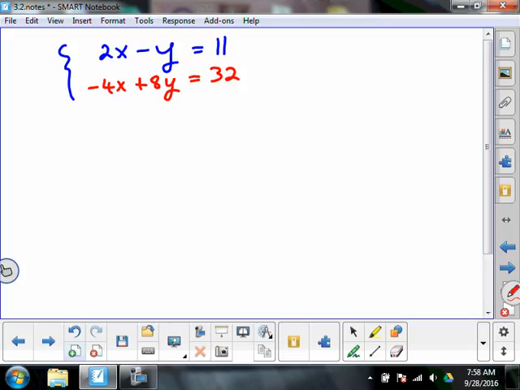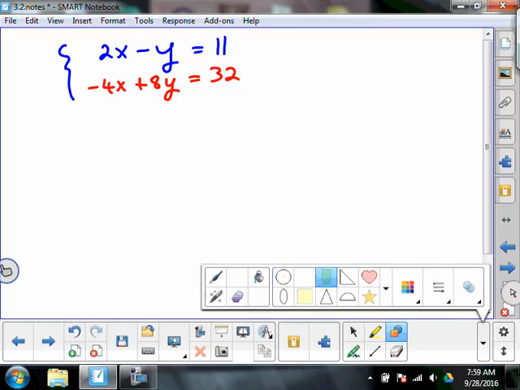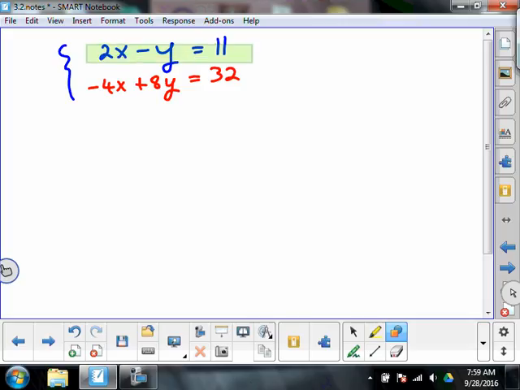So we said we need to pick one of the two equations and solve for one variable in terms of the other. So we're looking at either taking this equation here and solving that for x in terms of y, or y in terms of x, or taking this equation here and solving it for x in terms of y, or y in terms of x.